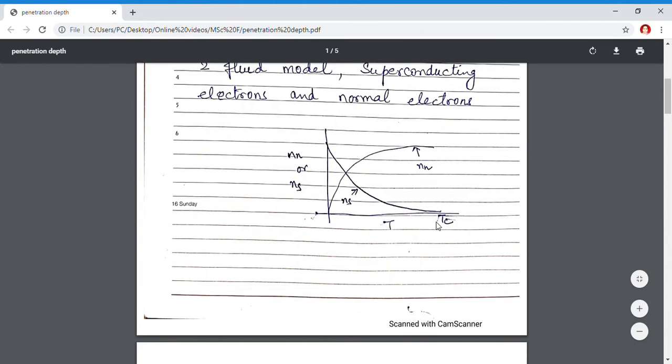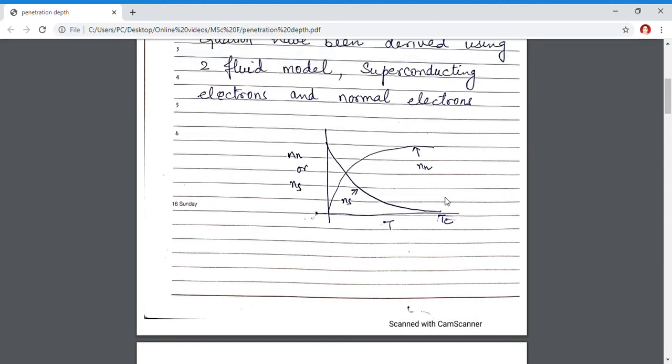As we reach up to Tc, it can be seen from the figure that Ns is 0 and all electrons are normal electrons. That means the material has changed from superconductor to normal. In the intermediate region, both electrons are contributing.